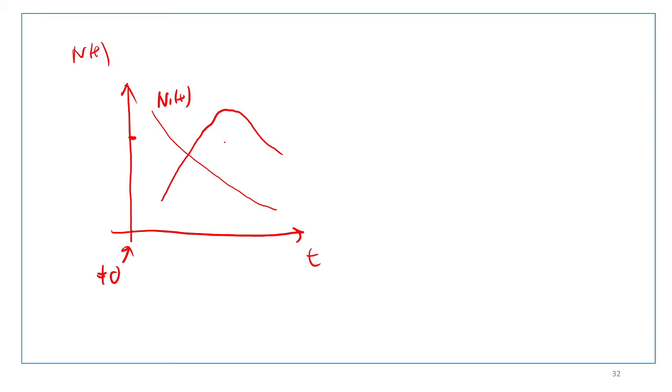Why does it increase at first? Because more daughter nuclides are produced from the decaying parent nuclide. So it first increases, and then it decreases.